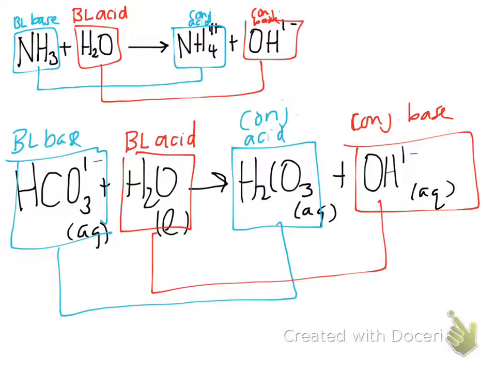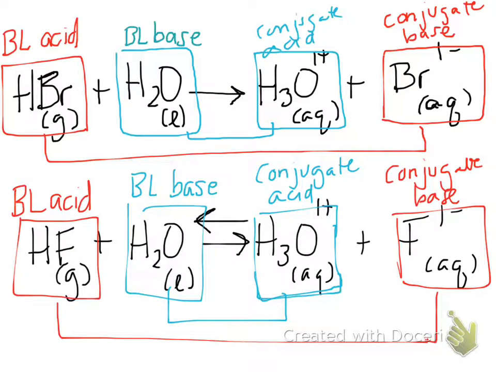So now we want to talk about the likelihood that that will happen. Remember our friends from the last slide? Hydrogen bromide, hydrogen fluoride. Few of you expressed some concerns about the willingness of hydrogen fluoride to really give up that proton.